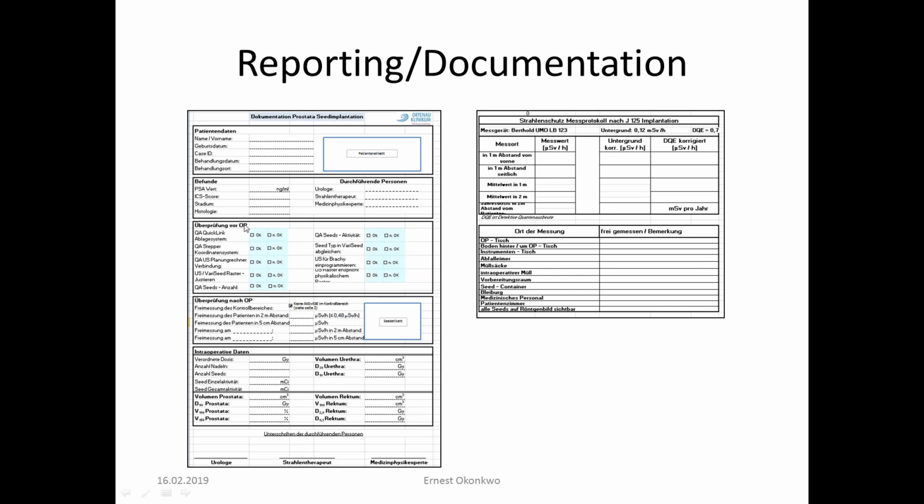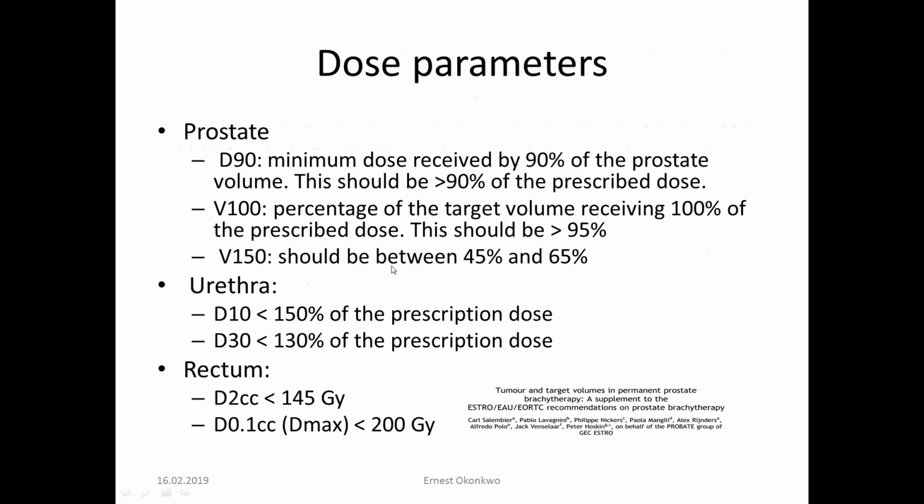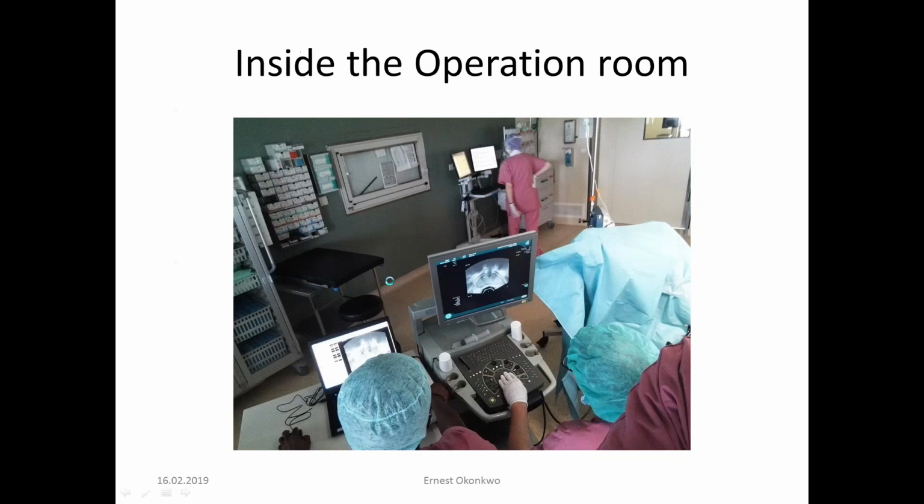Here we document the quality assurance that we made before the implant, before going into the operating room, and the quality assurance after the implant, and the intraoperative data: how many seeds we used, how many needles, volume, the D90, all the dose parameters that I mentioned. So we document all those as well.